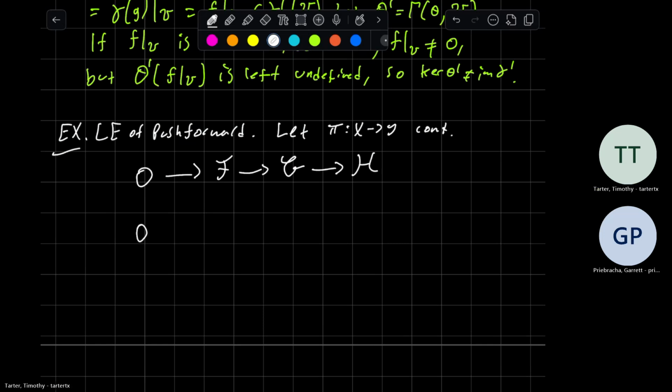Show that 0 into the push forward sheaf is exact. And where did we define the push forward?